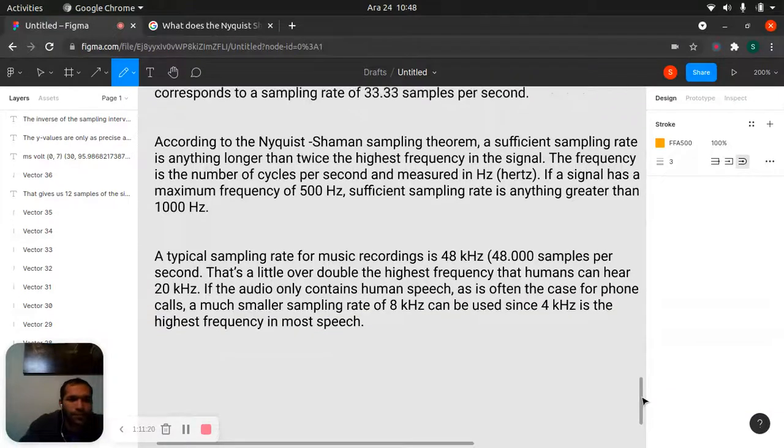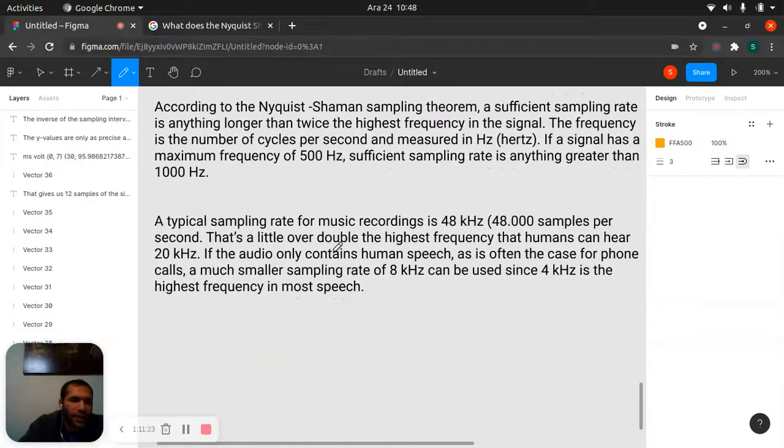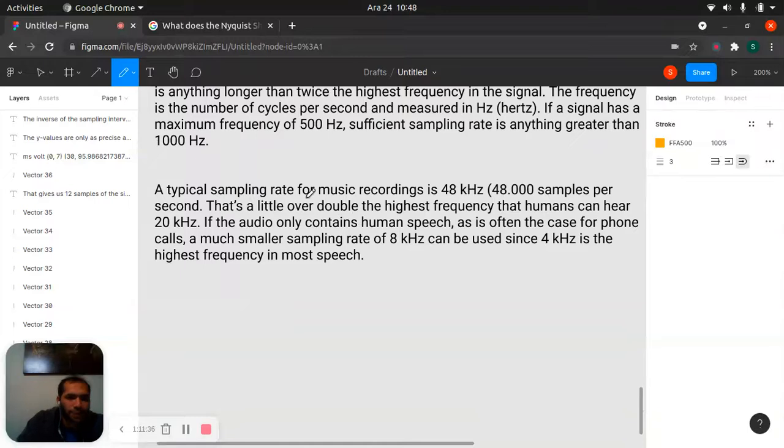So a typical sampling rate for music recordings is 48 kilohertz. It's like 48,000 samples per second. You can think kilohertz is also representing samples.